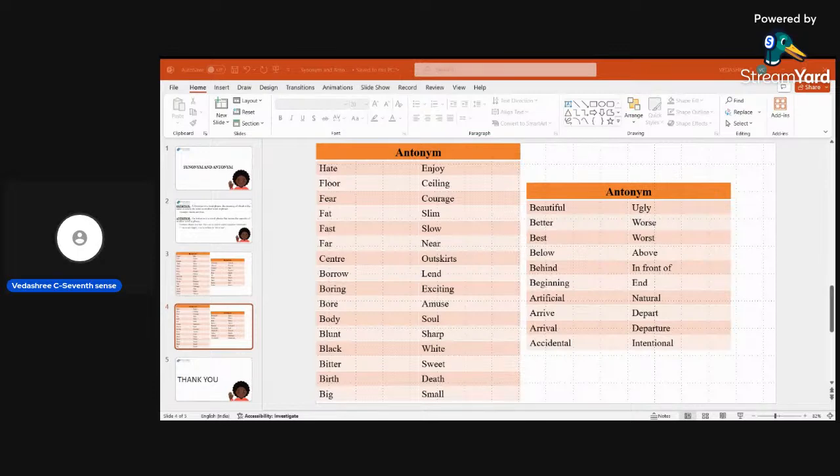Some general knowledge questions we'll discuss. So next, finding the area of circle and square. Next, finding nearest square.